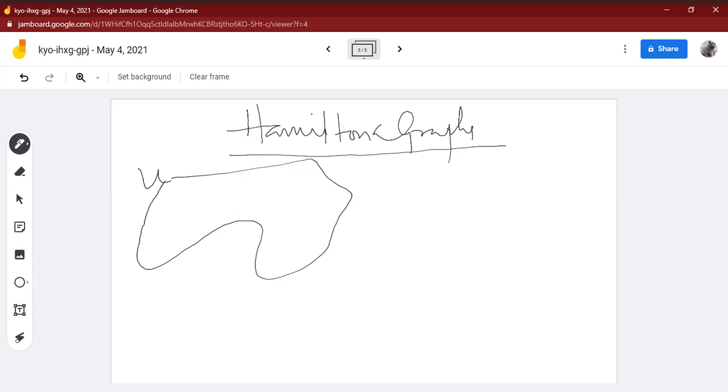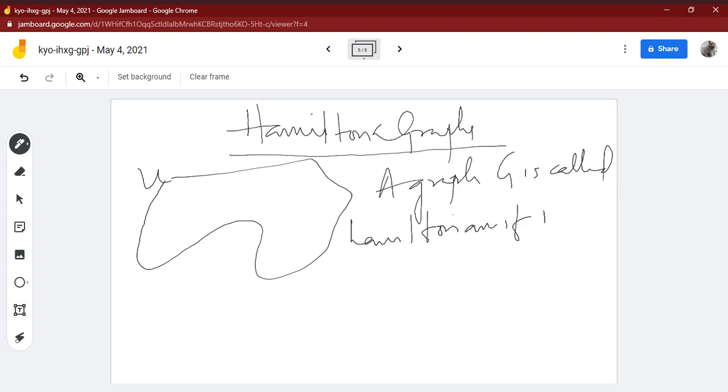A graph G is called Hamiltonian if it has a Hamiltonian cycle.